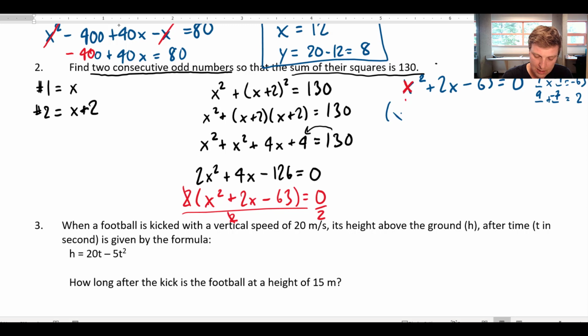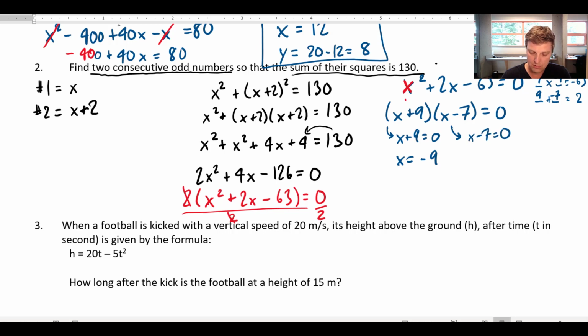So I've got (x plus 9) times (x minus 7) equals 0. And so I can work out then x plus 9 equals 0. Well, that means x equals negative 9. And x minus 7 equals 0, so x equals positive 7.